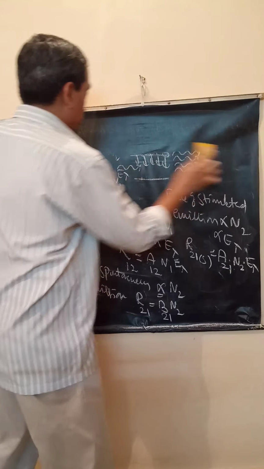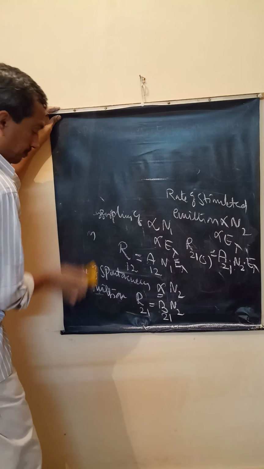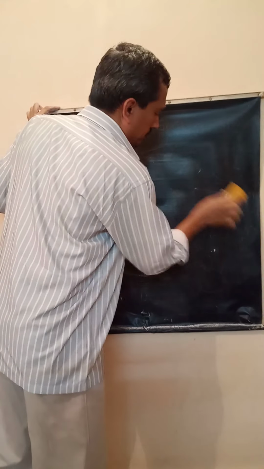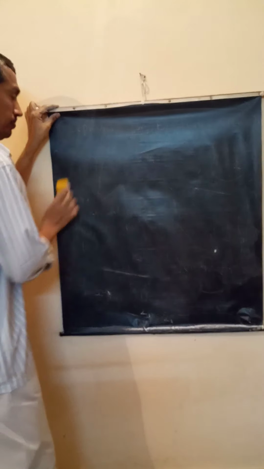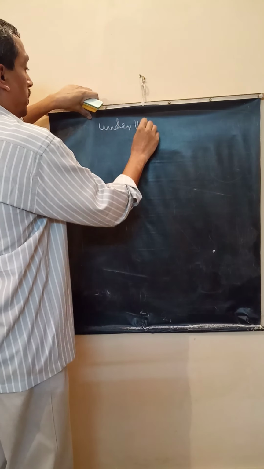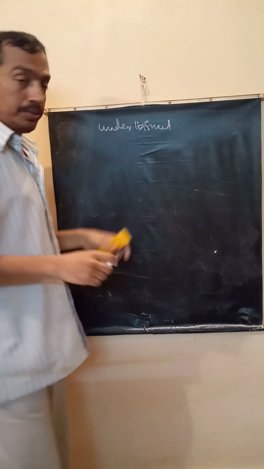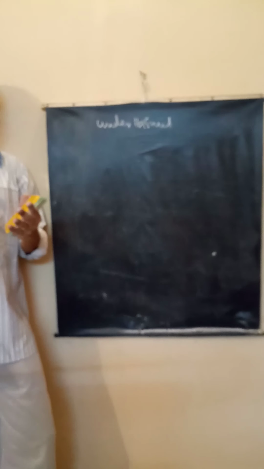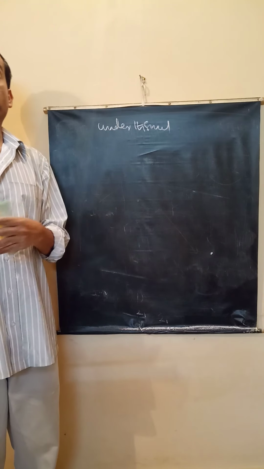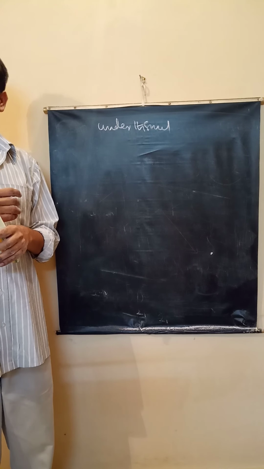So now, thermal equilibrium, if it is achieved. Under thermal equilibrium, equilibrium means a stable state in which input energy will be equal to output energy, right?